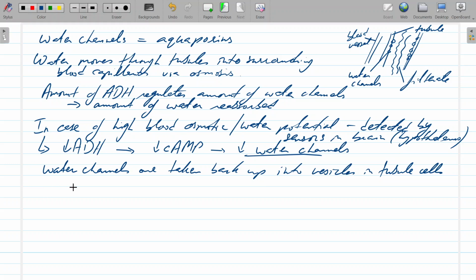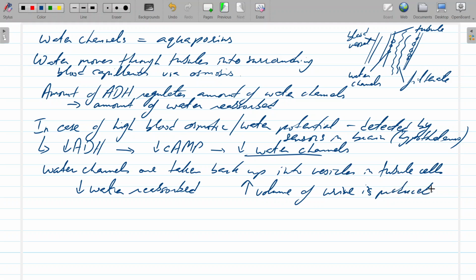And obviously that means less water is reabsorbed, and that would mean a greater volume of urine is produced. The term for these sensors is osmoreceptors. So they're in the hypothalamus.